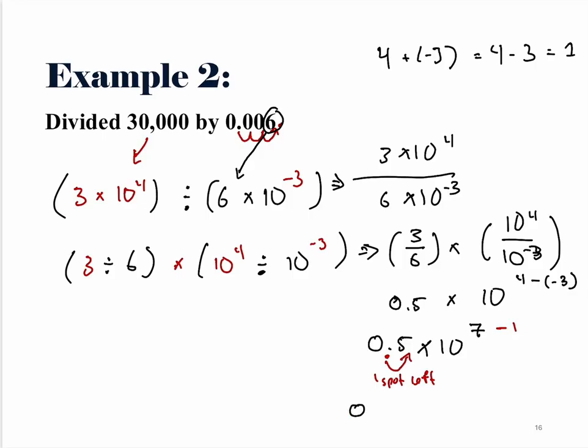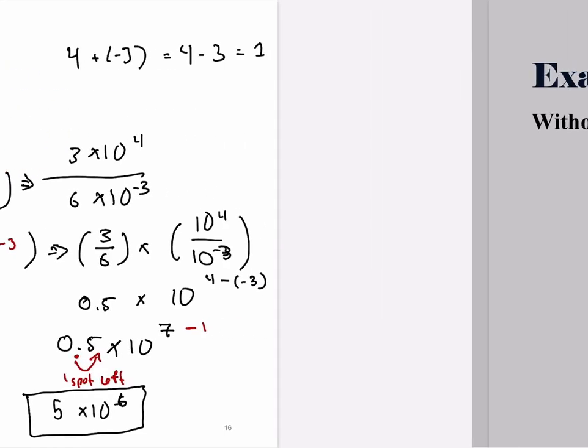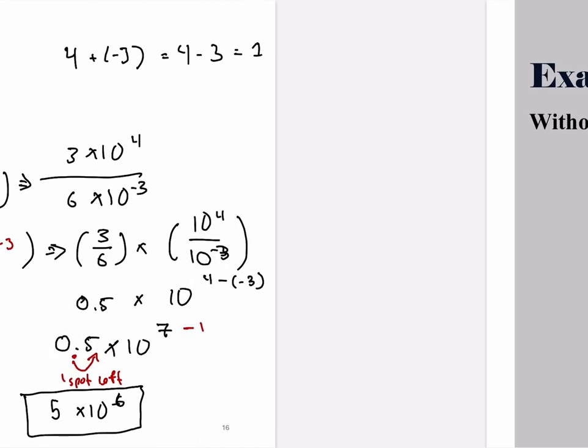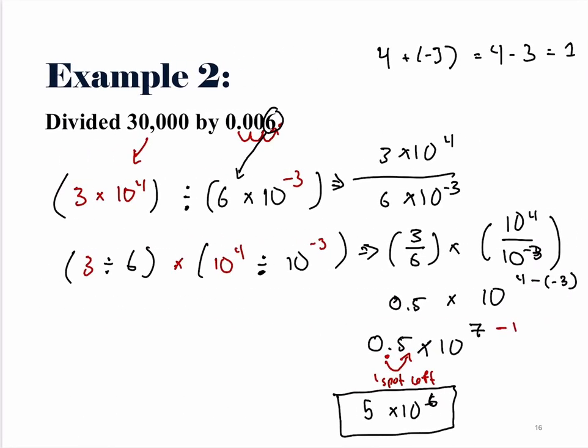So 0.5 would become 5 times 10 to the 6. That's not a minus 6, that's just a regular 6.